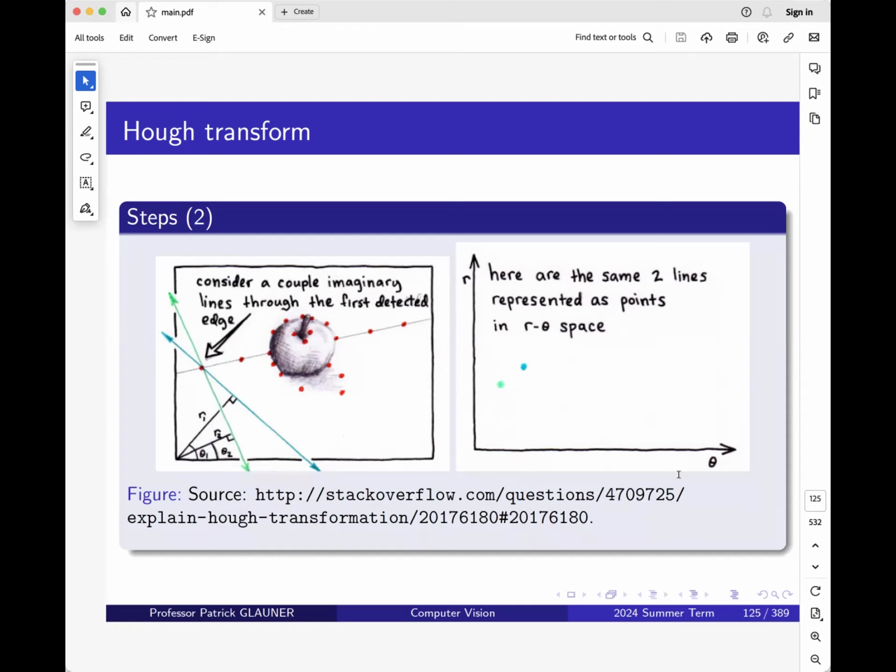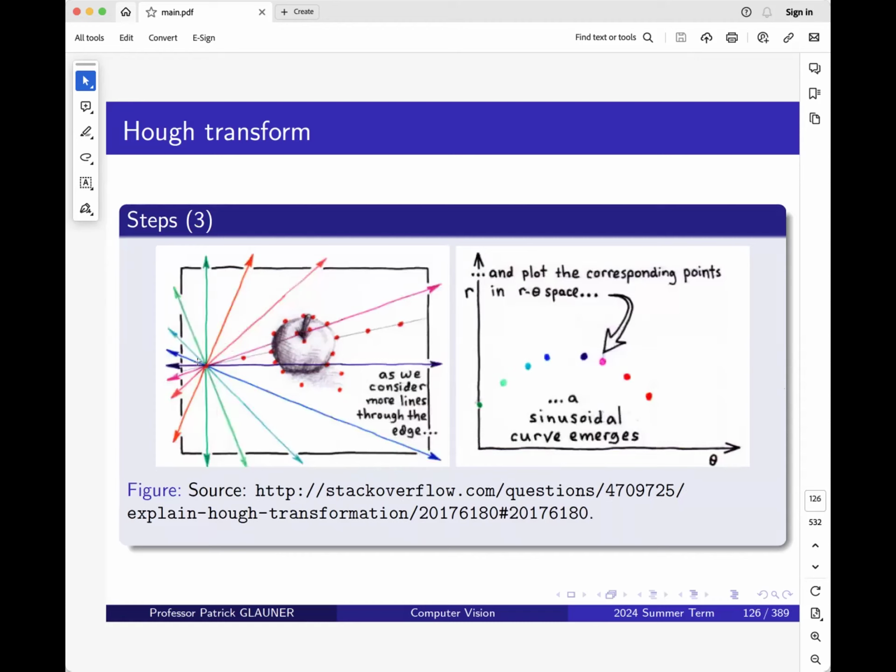I have a plot that has on the x-axis, on the first axis, a theta, and on the other axis an R. So my straight line that went through my first dot can be described as a dot in the R theta space. So the blue line is one dot in R theta, and the green one is a green dot in R theta. So each dot in R theta describes a straight line that went through my first point.